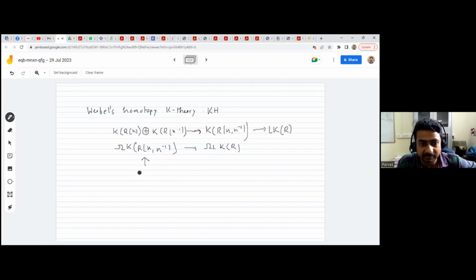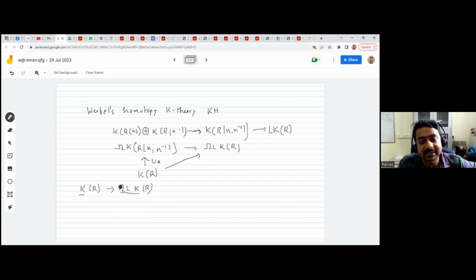We have a map from K of R to omega K of R x x inverse, which is the cap product with x. So the composition gives me a map: from K of any ring to omega LK of R. Omega LK is another space; K is a space. We have constructed omega LK, and this is the composition map.